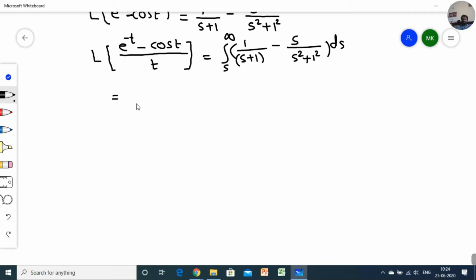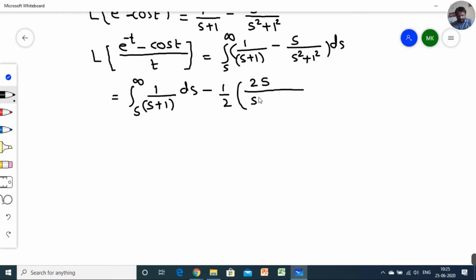So I'm taking this part, integral from s to infinity of 1 upon s plus 1 into ds minus 1 by 2 into integral of 2s upon s square plus 1 square into ds.